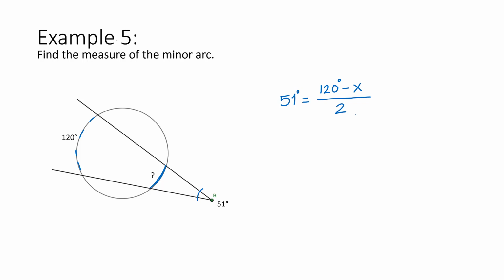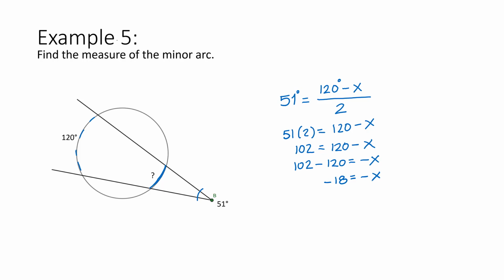Now let's clear. 51 times 2 equals 120 minus x. 51 times 2 is 102. That equals 120 minus x. Okay, we keep clearing. 102 minus 120 equals minus x. 102 minus 120 is minus 18, equals minus x.